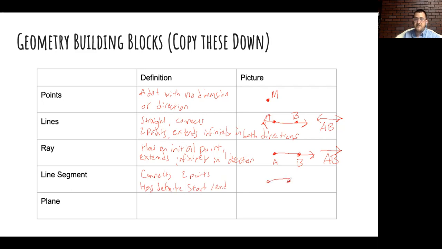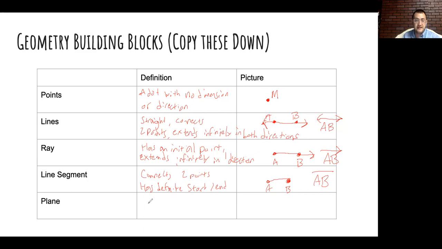So this would be that I'm going from A to B, and I'm just stopping at those points. And I just name the 2 points with a line segment symbol over it. Note that you could also call it BA as well. As long as you have the 2 points there, that's what matters.